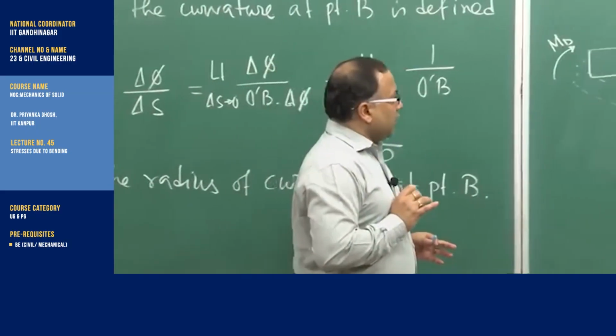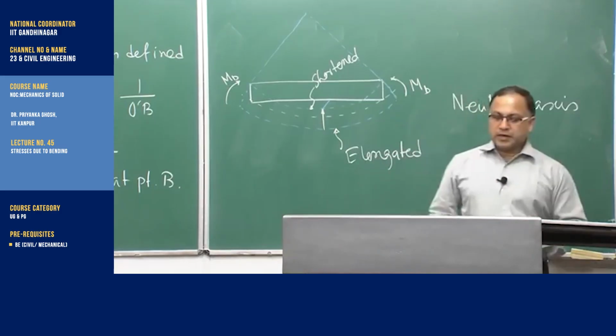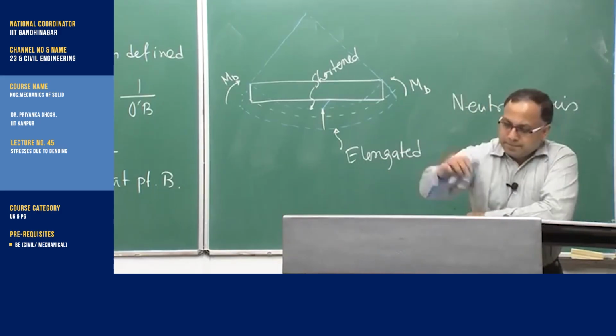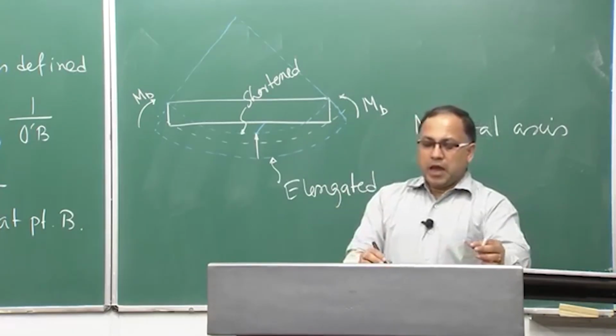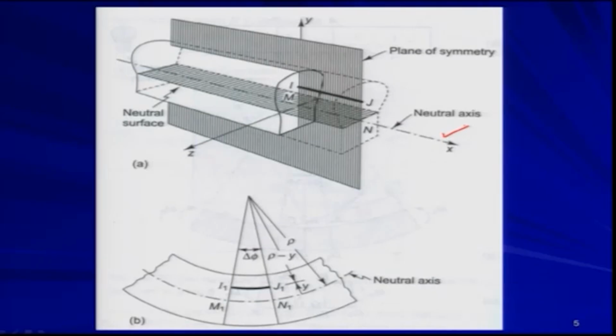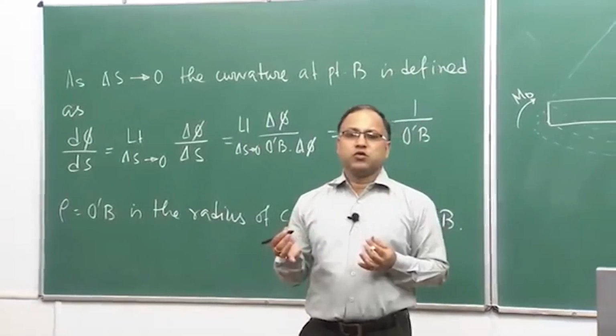So, if you look at this figure actually, so this is your neutral axis, and this is your bottom fiber, okay, this is your bottom fiber of the beam, this is your top fiber of the beam, and this x axis we are saying the neutral axis, but we are not talking about the location, because the location we do not know.